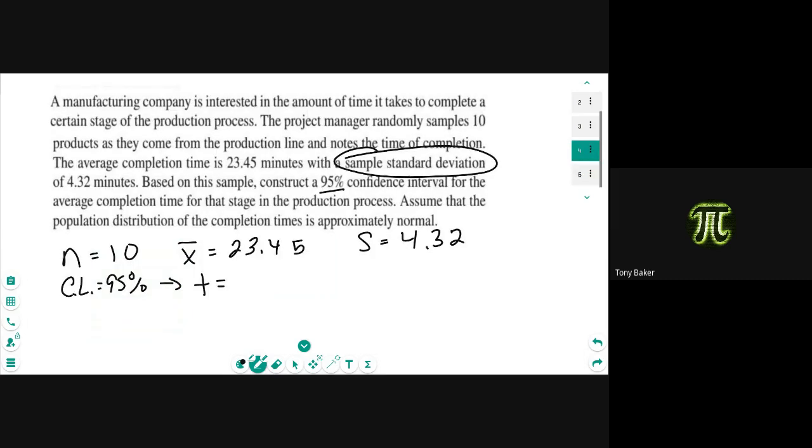So what is my degree of freedom for this problem? It's going to be 9 because it's 10 minus 1, which is 9. So on this table, we're looking at the degrees of freedom of 9. And we're looking at 0.05 for the column in the two tails. All right, so what's the number when you go 9 all the way over to the 0.05 for the two tails?